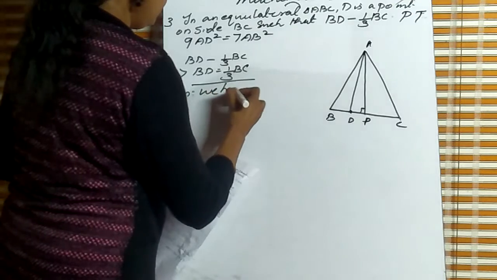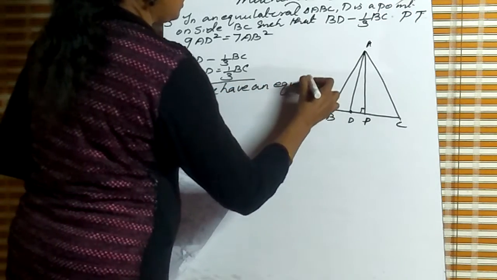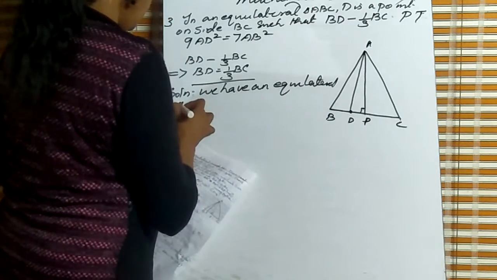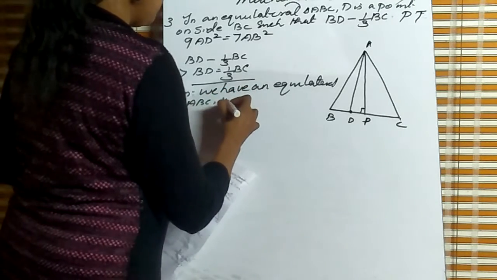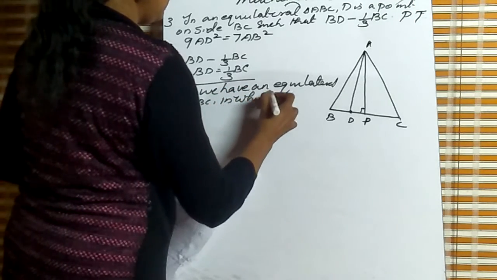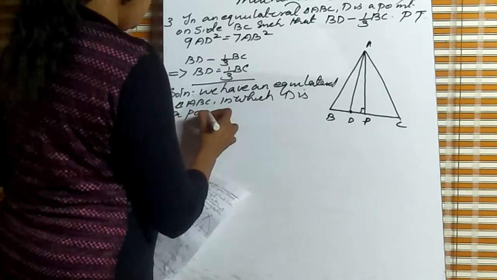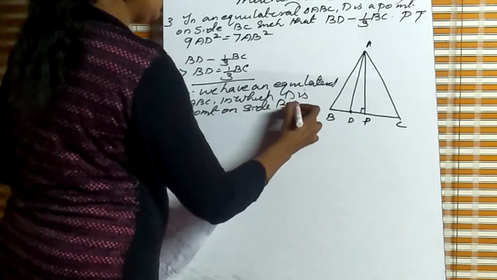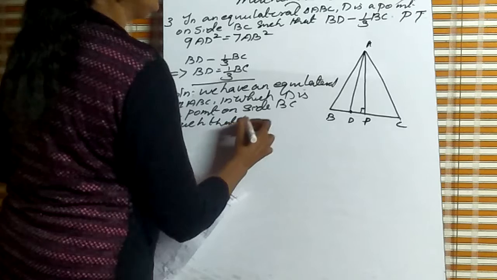We have an equilateral triangle ABC in which D is a point on side BC such that, what is the condition?